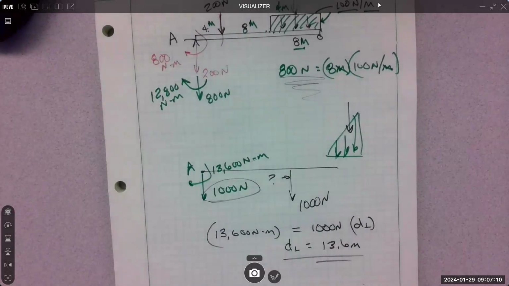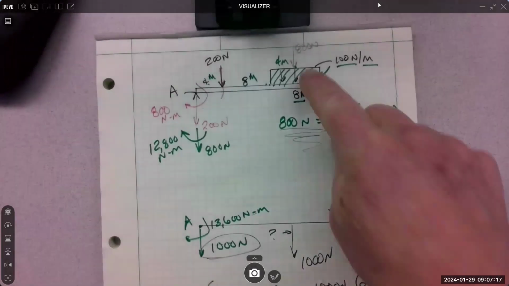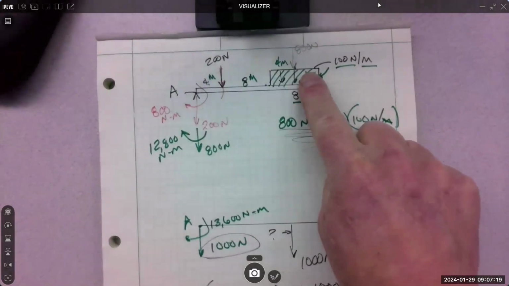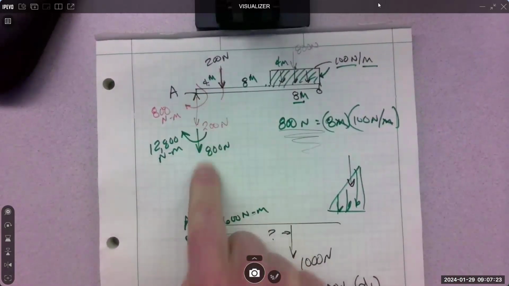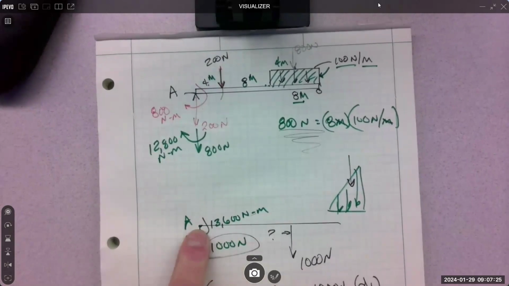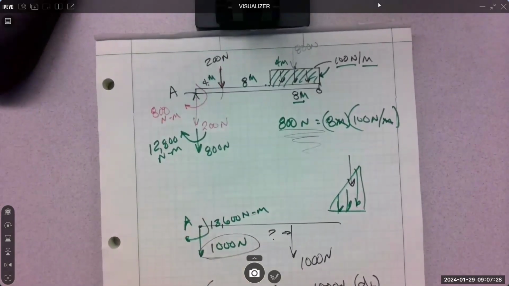Whew, it's a lot. We took a distribution and got rid of it. Turned it into an 800 concentration, then moved it all to A, then added it all up at A, and then redistributed it back out onto the structure, the beam, whatever the heck it is, right?